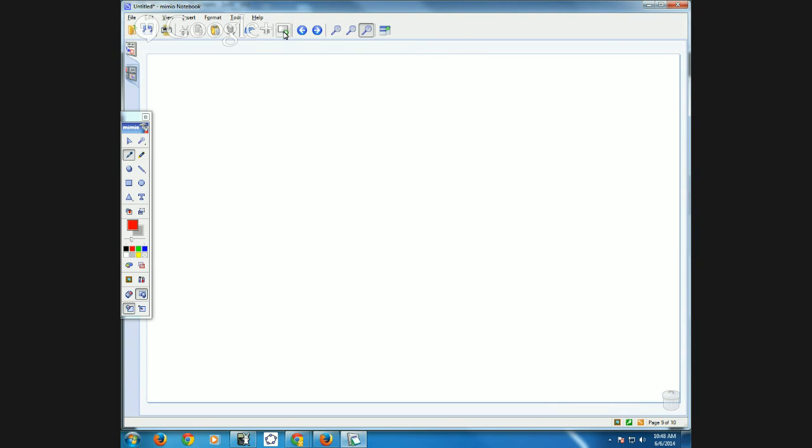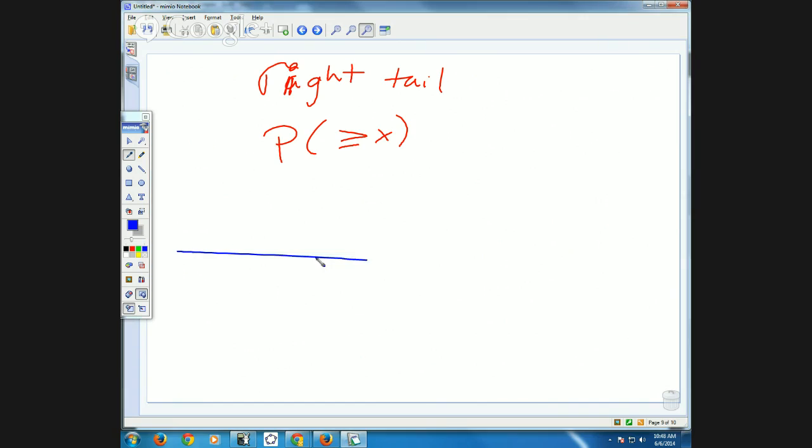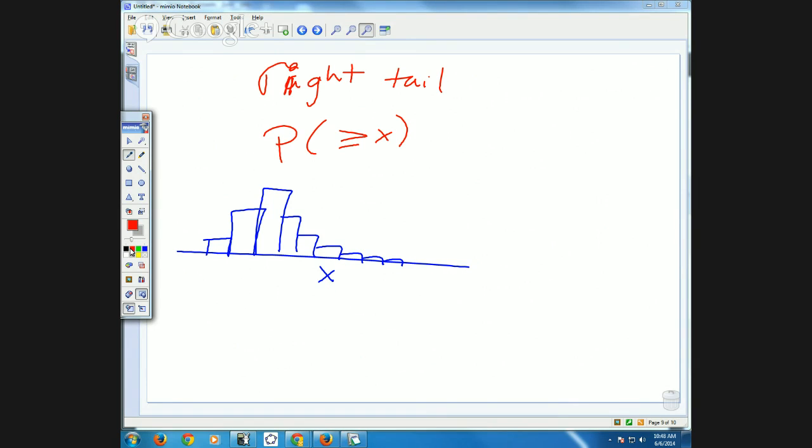All right, suppose I wanted a right tail binomial. So that would be something like the probability of being greater than or equal to whatever x is. So picture-wise, if I drew a similar distribution, something like that right there, and let's say x is right here again. I would want to know this stack, this stack, this stack, and this stack.